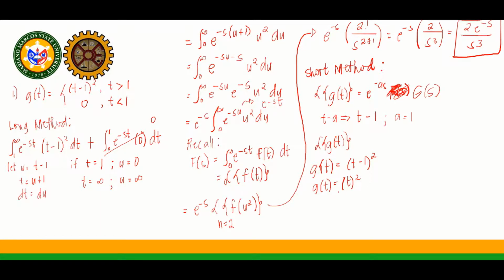So the correct is ito lang. Si t squared lang siya. Because if you get this function, that will be g of t minus 1. Okay? So ito lang yung kailangan natin na kunin yung Laplace transform. Okay?